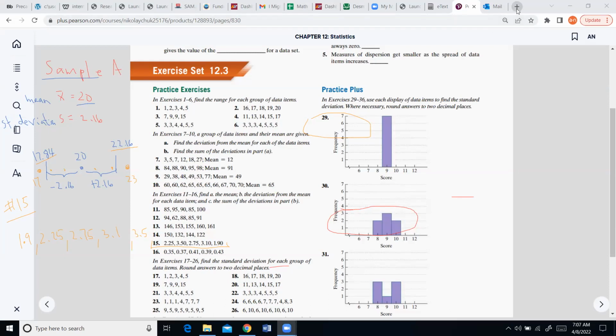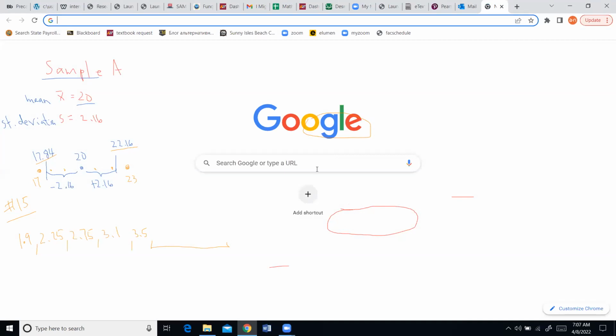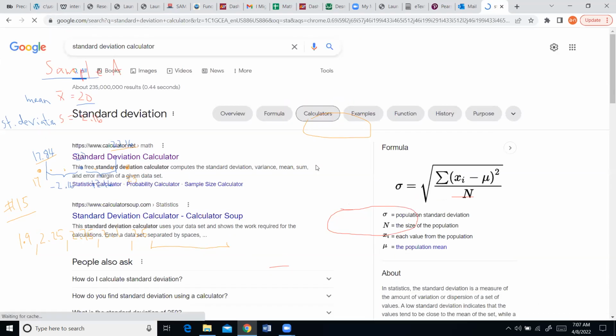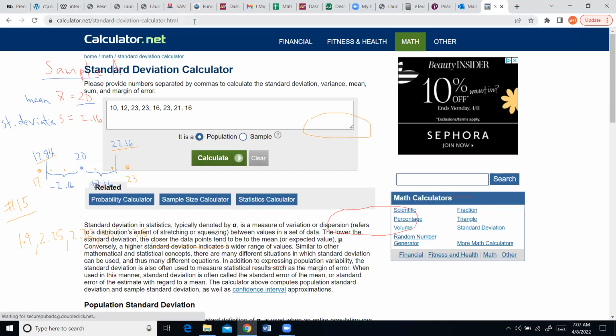And I want to find its mean and standard deviation. So the way we did it, I went to this search engine and typed standard deviation calculator to get a free calculator. Once I searched for it, the first choice is what I used, the standard deviation calculator.